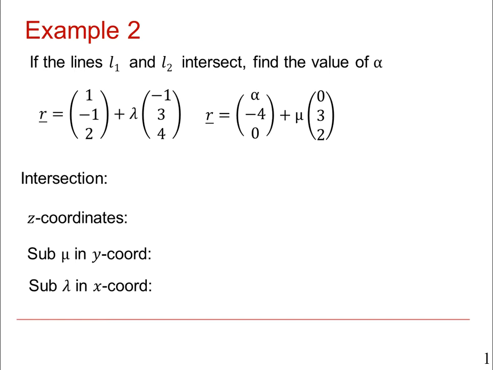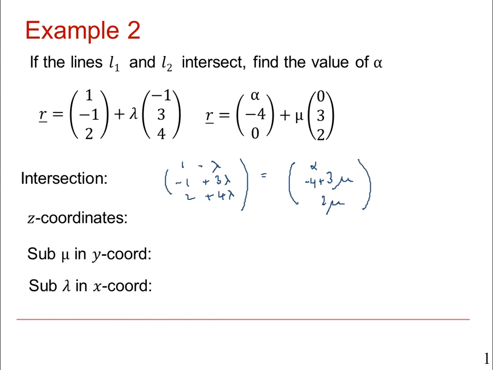Looking at this method then, the intersection would mean that if we equate the 2 sides, for r1 and r2, we see that for r1 we have 1 minus lambda, -1 plus 3 lambda and 2 plus 4 lambda are the values, and they must be equal to alpha for the x direction, -4 plus 3 mu in the y direction and 2 mu in the z direction.